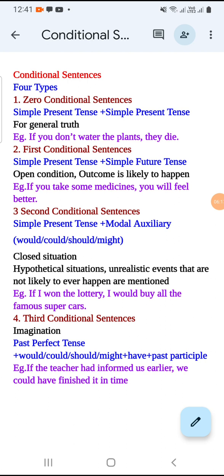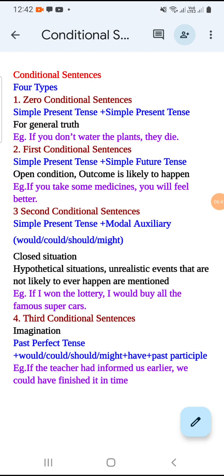But apart from main verbs, please take note that four modals are also used, and then the past forms of modals. These four modals are also used for conditional sentences. What are they? Can, may, will, and shall. Please take care.